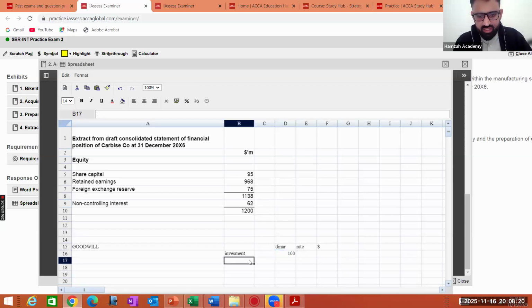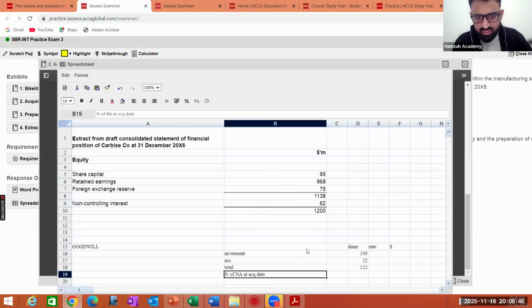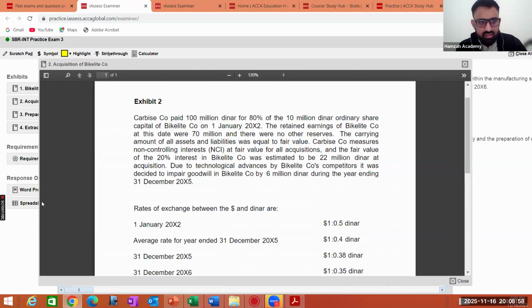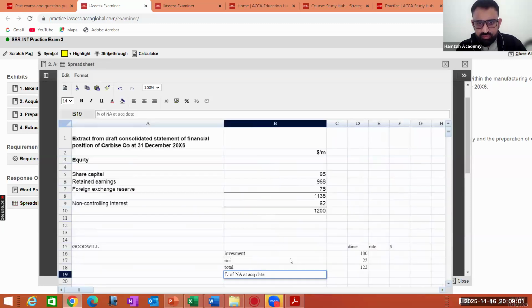100 million dinar, value of NCI at the date of acquisition was 22 million dinar. So the total value is 122, and fair value of net assets at acquisition date, and the date of acquisition was 1st January X2.